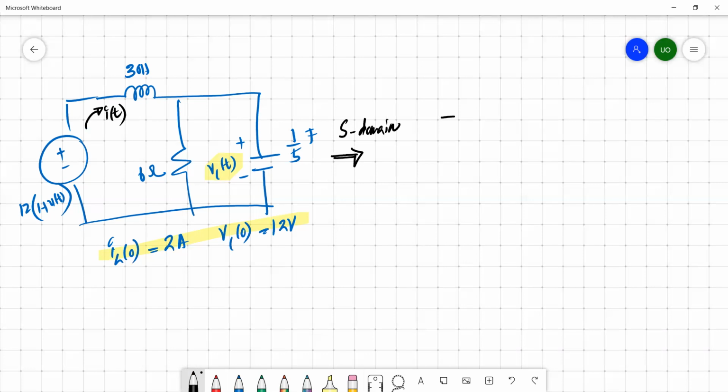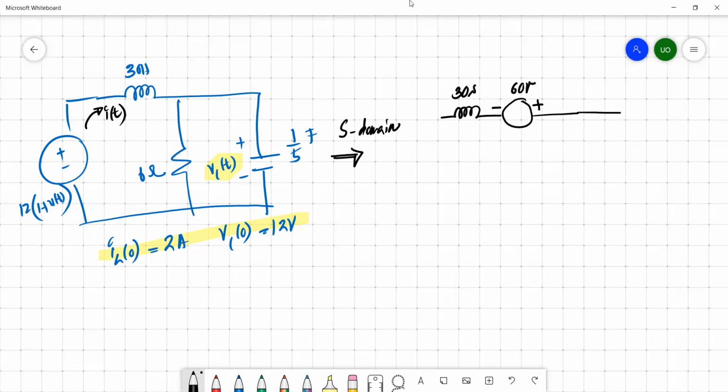L is 30 Henry, and now this becomes 30S. Then we have a source. The value of the source would be L times I0. L is 30 Henry and I0 is 2. So altogether we have 60 volt.